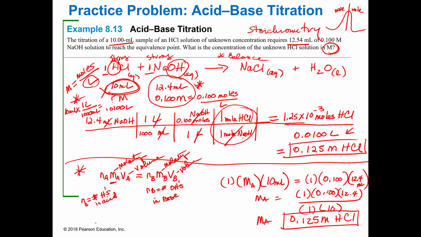This way, you take the numbers you have in your problem. These can be liters or milliliters as long as they're the same unit. So if it's already in milliliters, you can just leave them in milliliters. Okay, so that's how you calculate the unknown concentration of an acid when you're titrating with a known concentration of a base.